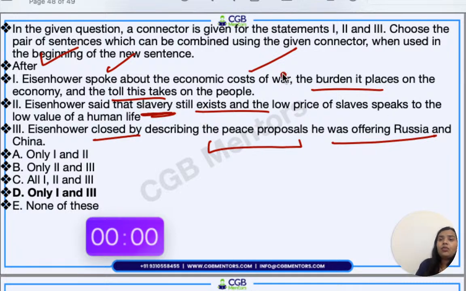See, war related and somewhere nearby things जो हैं वो है third वाला. Second one is about the slavery point, the slaves and all. So though we have a common denominator here who is this person Eisenhower, but the context in which he is talking about first and the third one do match it.